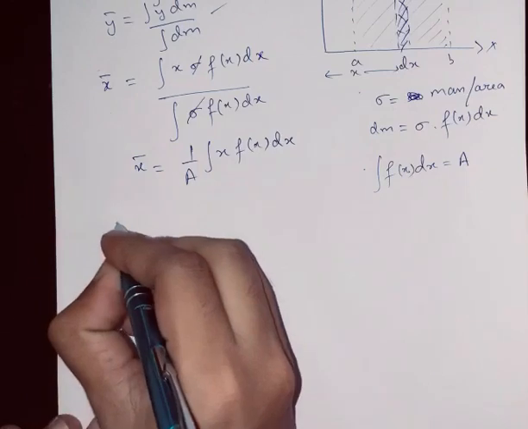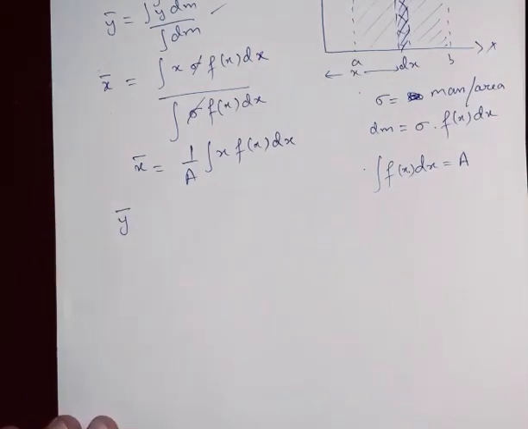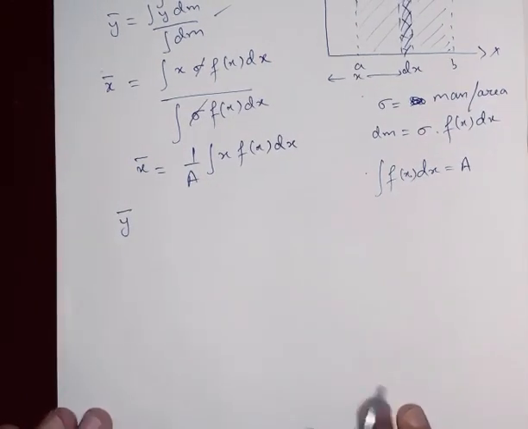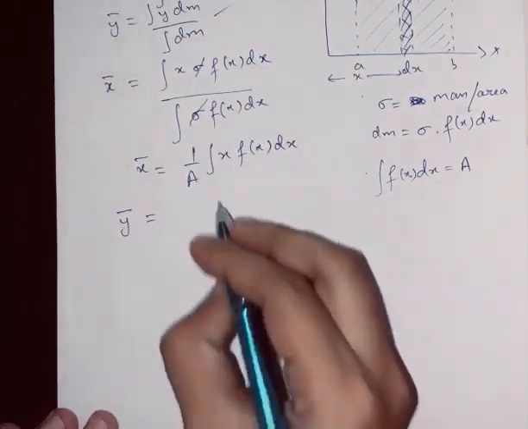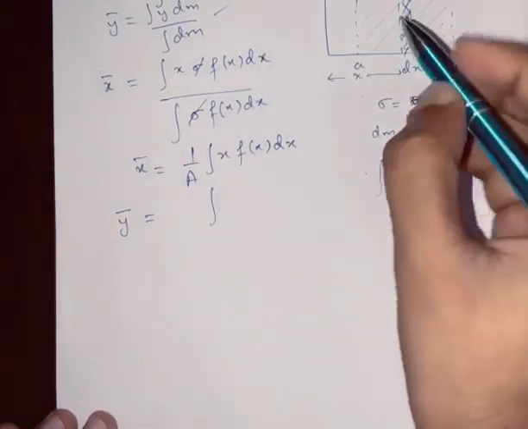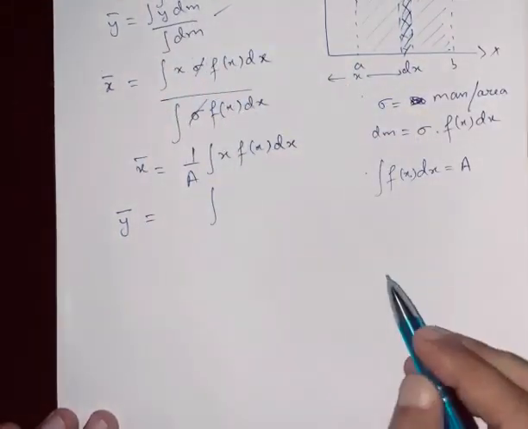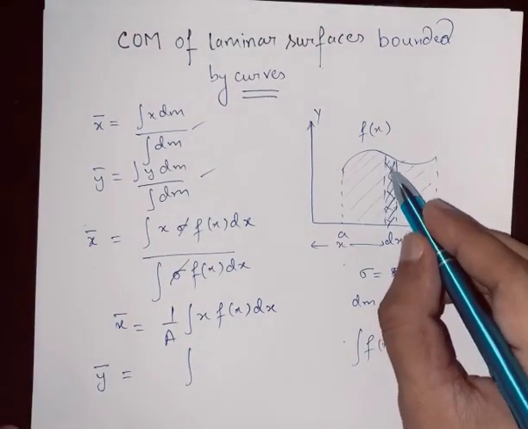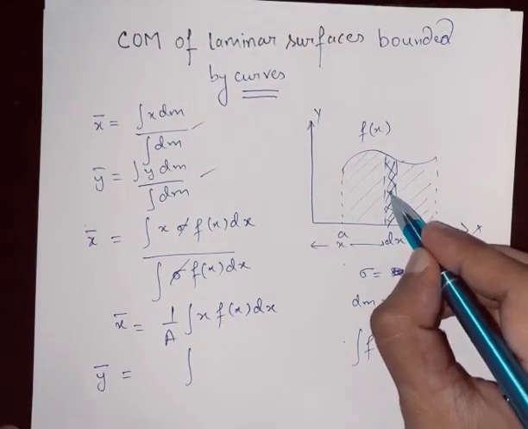Now the formula for the y coordinate. The formula for the y coordinate is a bit tricky, but don't worry. For y bar, we need to write the integral of y. Here y will be the location of the center of mass of this strip, which is at its middle.